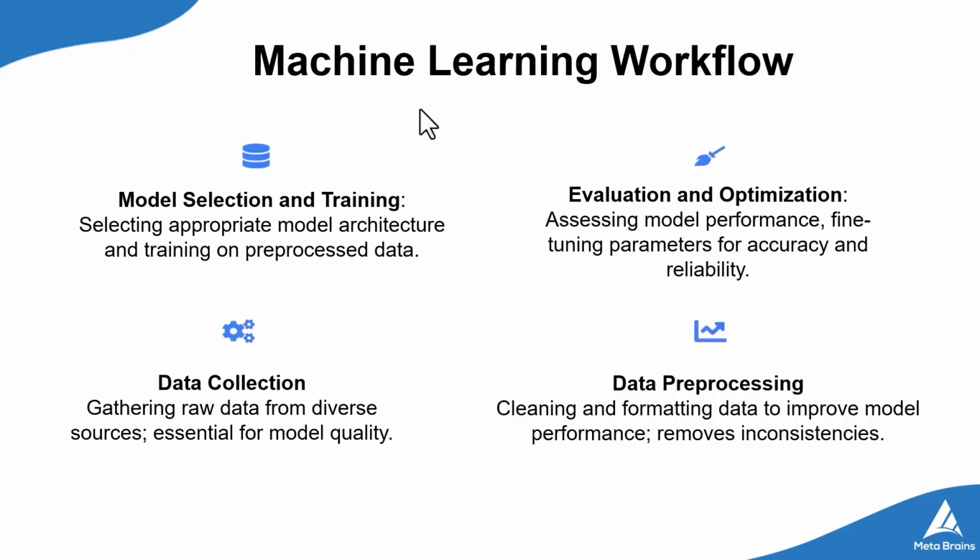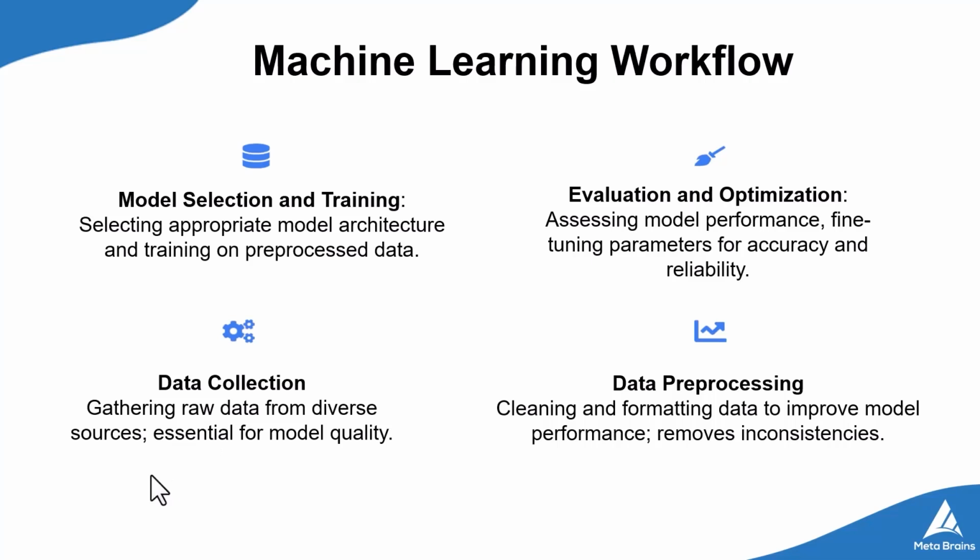What is the machine learning workflow? The machine learning workflow refers to the series of steps that transform raw data into actionable insights, and the process starts with data collection. Data collection involves gathering extensive data sets from various sources, such as databases or live feeds. Then we go to data pre-processing, which cleans and organizes the data. This step addresses issues like missing values and inconsistencies and prepares the data for the machine learning model.